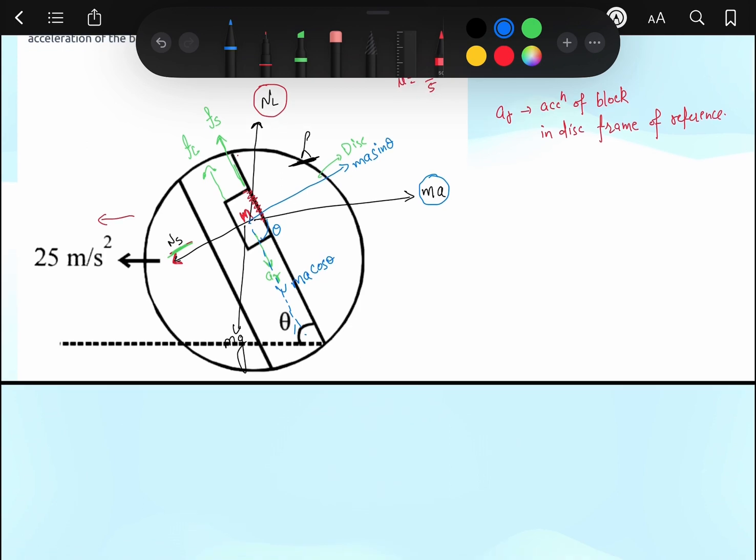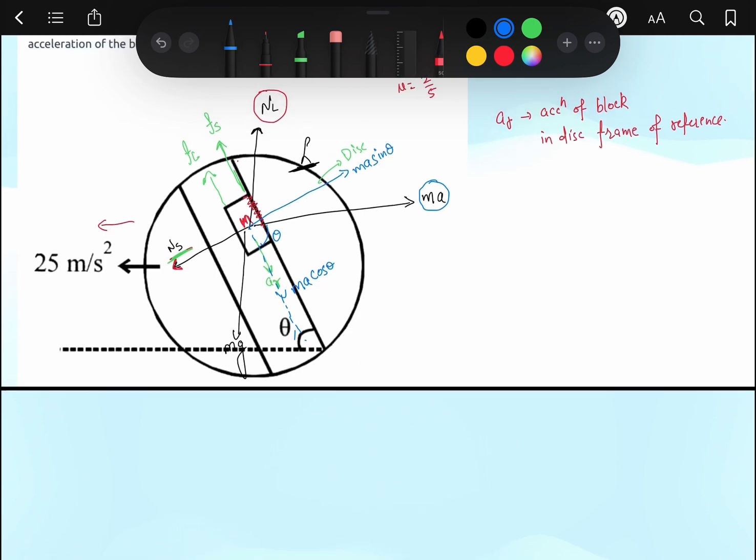Now I have to write the equation of motion. The value of NL, the normal force due to the contact with the lower surface, is balanced by the mg force here, so NL will be equal to mg.